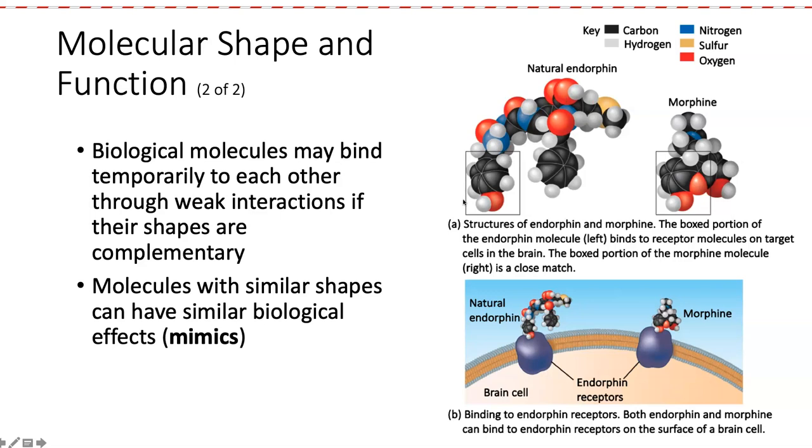And this shape right here is especially important, as it is the part of the endorphin molecule that binds to parts of the cell. In this case, it's binding to a cell in your brain. This particular region of the cell is called a receptor. In general, this is called an endorphin receptor because it does bond to this region of endorphins. When that happens, the endorphin sends a signal into your brain, and your brain gets all excited, and you have this kind of natural high.